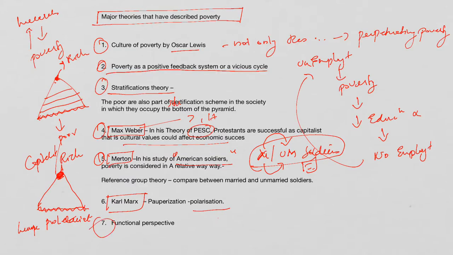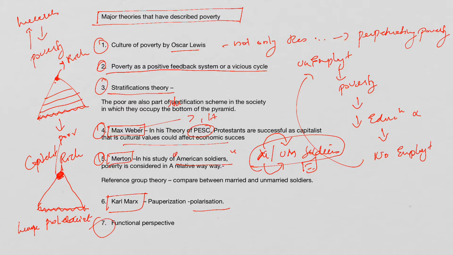Finally, we'll talk about the functional perspective. We have discussed this in other classes also. It is very easy. Functional perspective given by Parsons and Merton. They say that poverty has some functions, and actually there are reasons for inequality. Poverty is a reason for inequality, or inequality can be a reason for poverty, debatable. We don't know which one is relating to what. But the functionalist school says that there is a social necessity that this group exists.